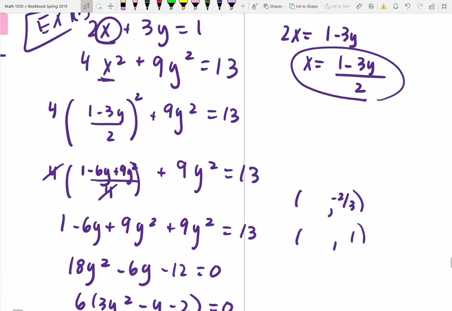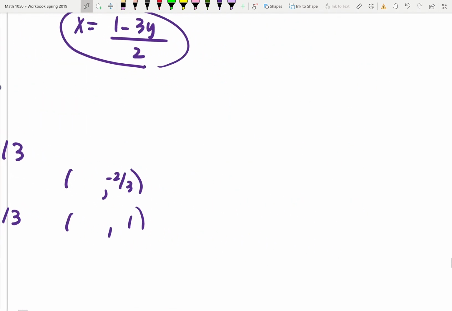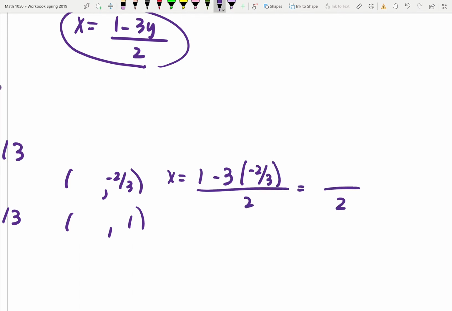So I'm going to come right here to that circled. I'm going to put negative 2/3 in for y. So everybody go x equals 1 minus 3 times a negative 2/3 divided by 2. That's so messy up there, guys. Grab your calculator and go 1 minus 3 parenthesis, negative 2 divided by 3, close it, enter, and I get a 3.